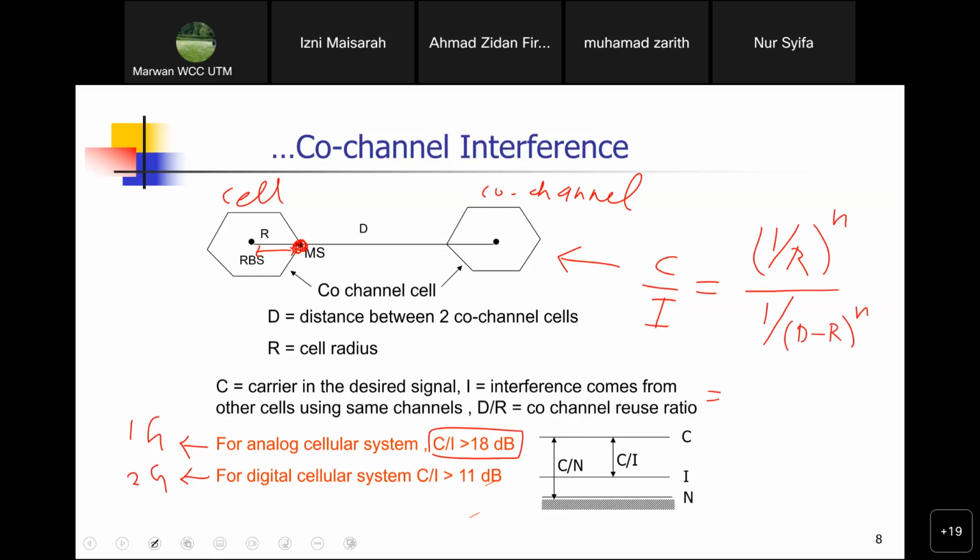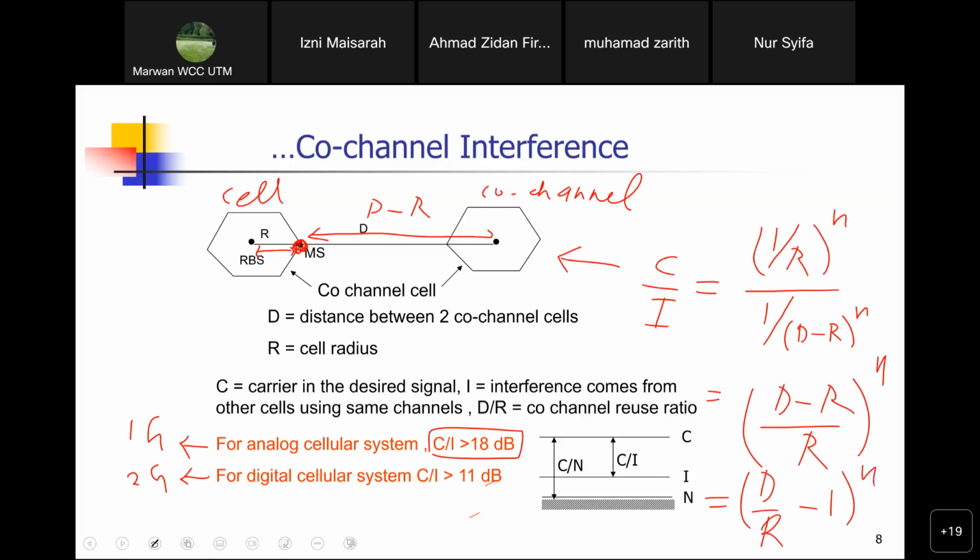If you already have a topology like this, then we don't use D anymore. This is D divided by R, because D is the distance from cell to cell. You want to compute something at the cell border, and with the arrangement in a straight line, the distance between the co-channel cell and your mobile station is D divided by R. So D divided by R divided by R to the power of n gives you D divided by R minus 1.